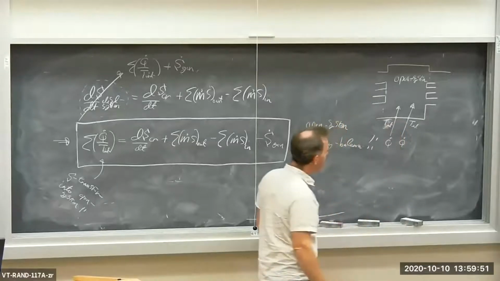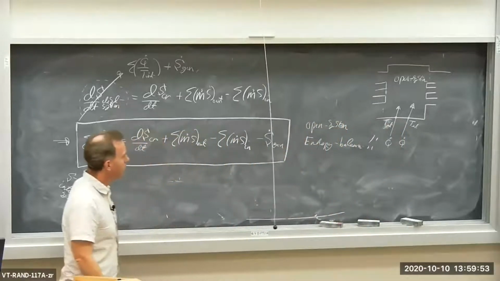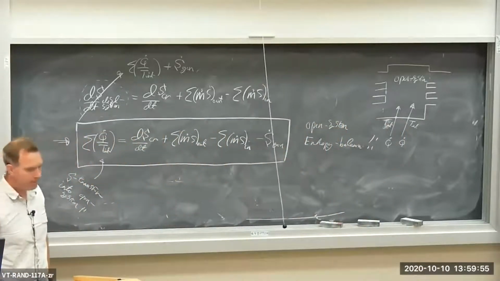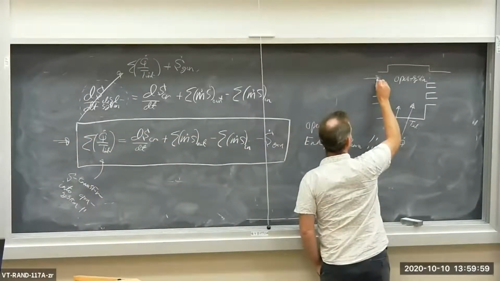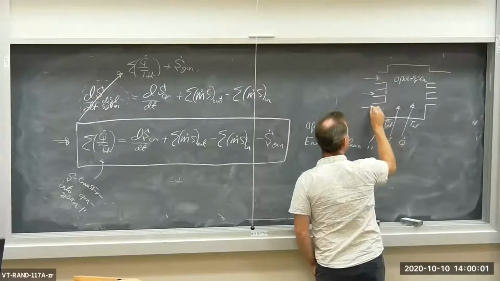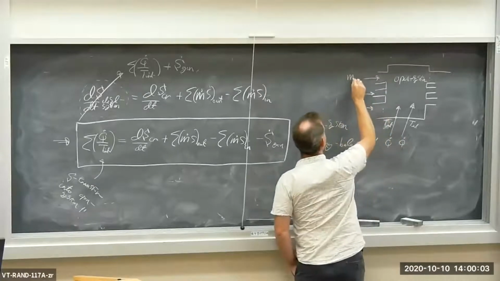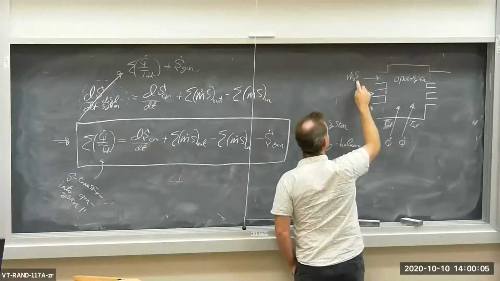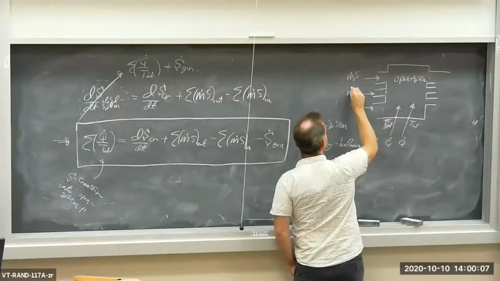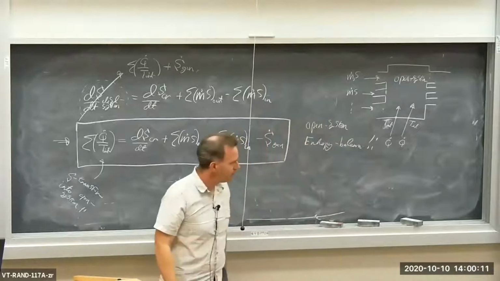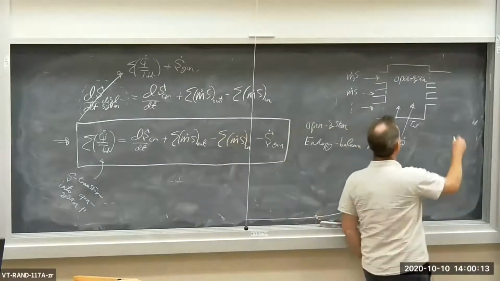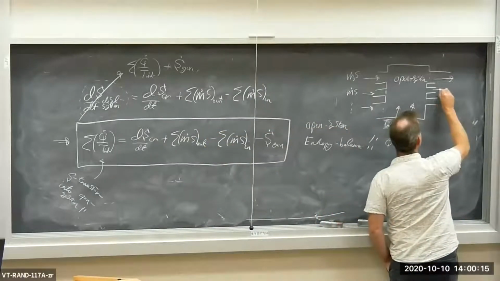So we have various heat transfers, therefore transferring entropy into the system. We have various mass flows going into the system. So we have an M dot with some specific entropy, M dot with some specific entropy flowing into the system. And then we have various mass flows out of the system.